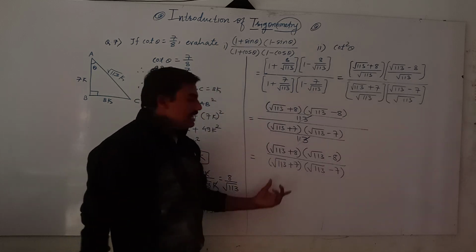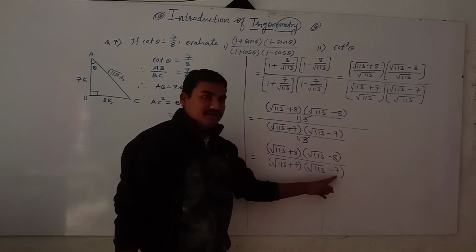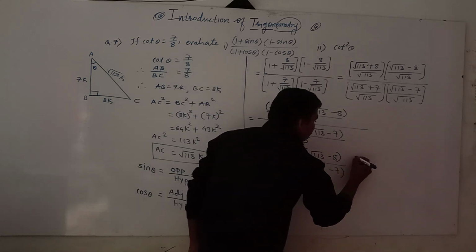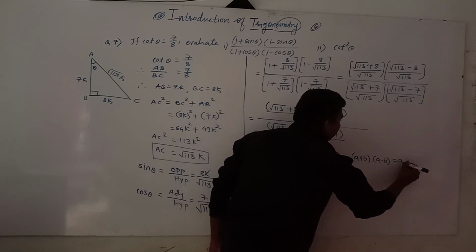Now observe it clearly. It is (a plus b)(a minus b), and it is also (a plus b)(a minus b). So we use the algebraic identity (a plus b)(a minus b) is equal to a square minus b square.